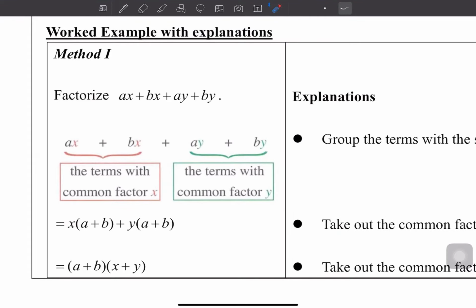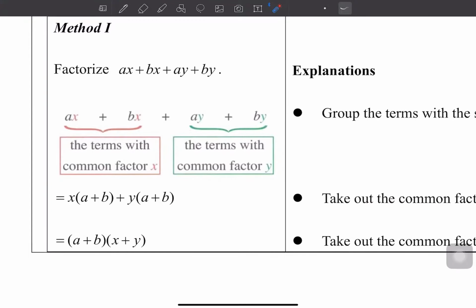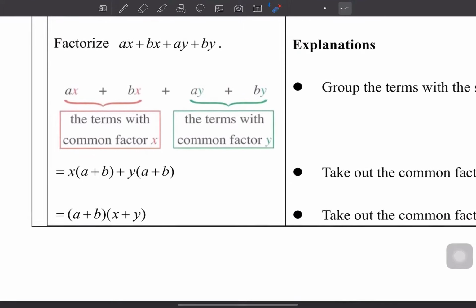Remember, when we need to apply the factorization by grouping is after taking out the partly common factor, x and y. After taking it out, you can find the common factor of these 2 terms. Then in this case, you need to use the factorization by grouping.